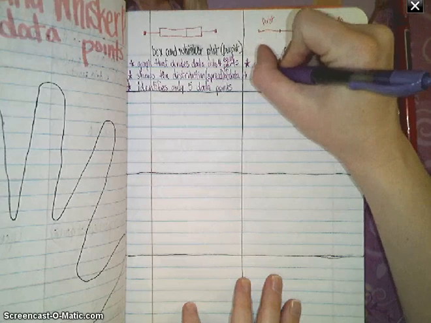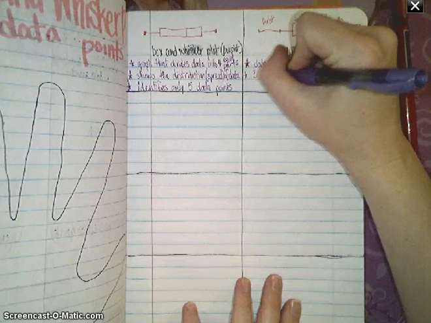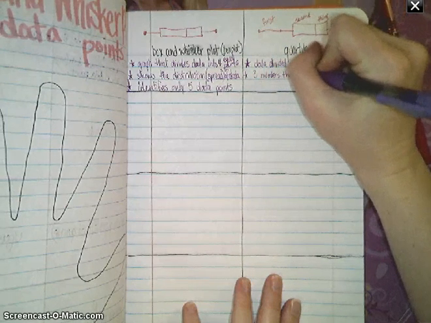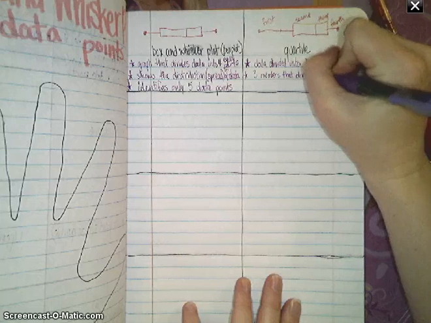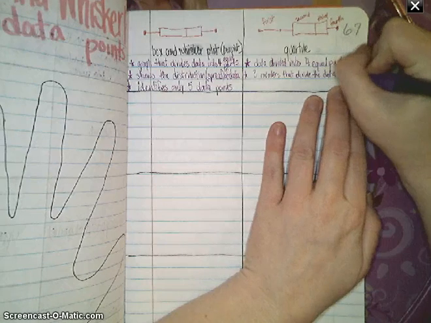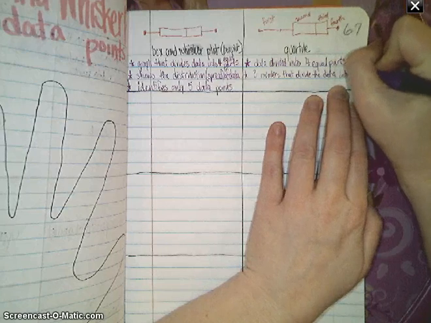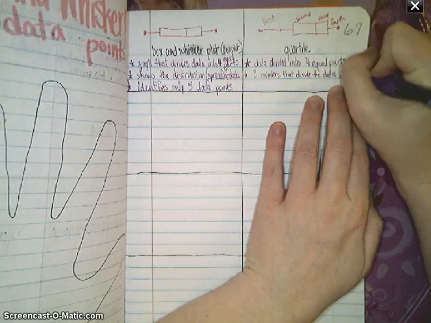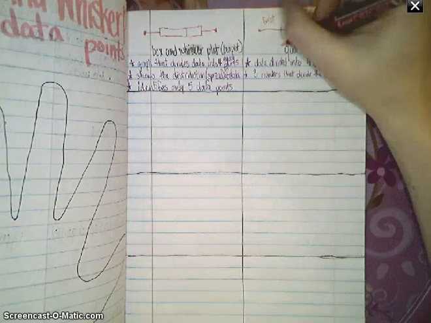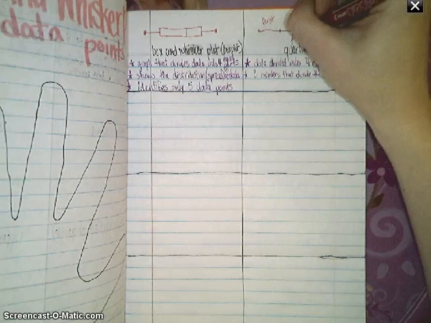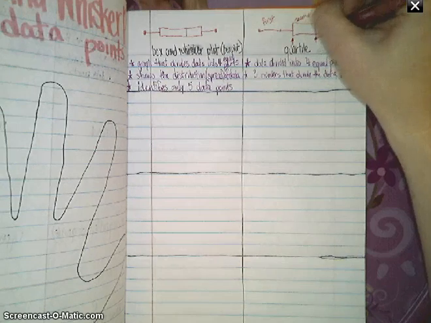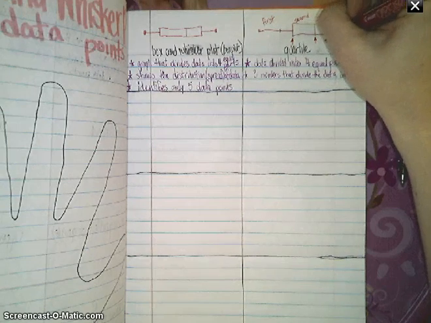But it could also be talking about specifically the 3 numbers that divide that data into 4 equal parts. So it could be talking about this, this, or this.